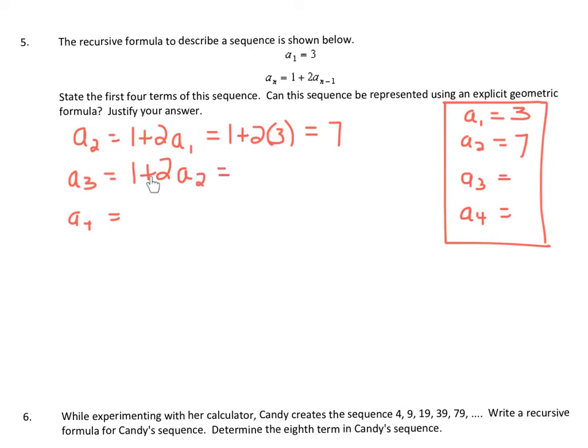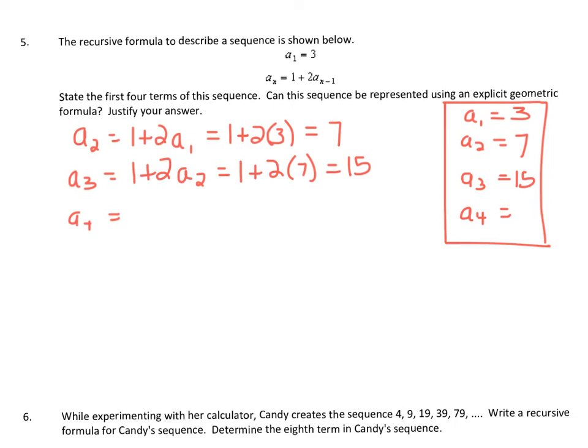We're going to rewrite the 1 plus 2. And since we know a sub 2, right, didn't we just find that? A sub 2 is equal to 7. We can replace this with a 7. So we're doing 1 plus 2 times 7. So 1 plus 14, which is equal to 15. Okay, so there's our third term.